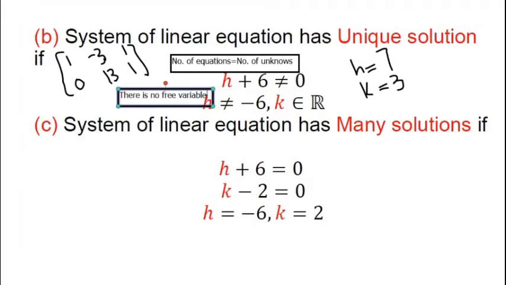Now in the third part, the system of linear equations has many solutions if h plus 6 is equal to 0 and k minus 2 is equal to 0. So the matrix becomes 1, minus 3, 1, 0, 0, 0.